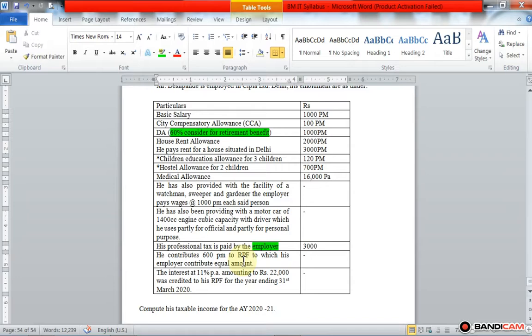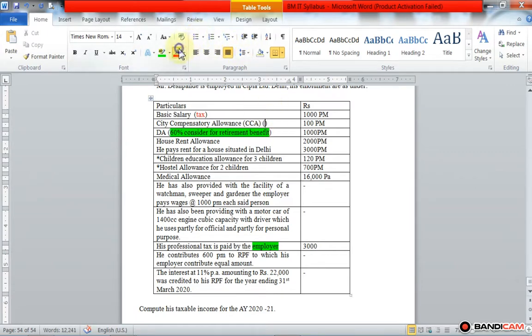So here we read the problem carefully. Now we find out the taxable salary. Basic salary is fully taxable. City compensatory allowance is fully taxable.